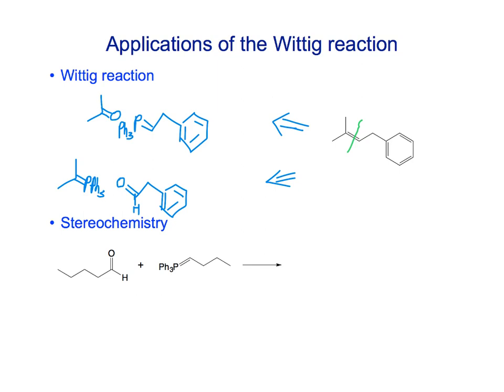So if we look at the two ylides here, let's draw them over here, and we think about the alkyl halide and the triphenylphosphine that we need to use to synthesize these.